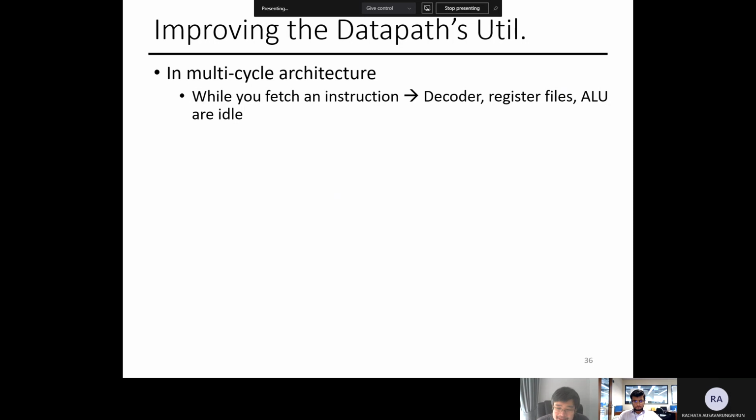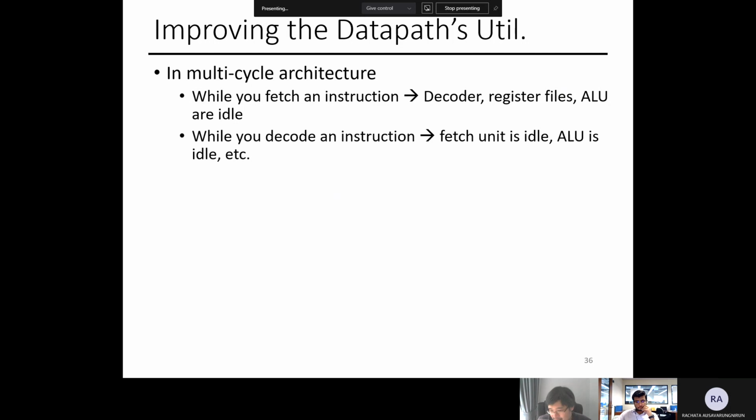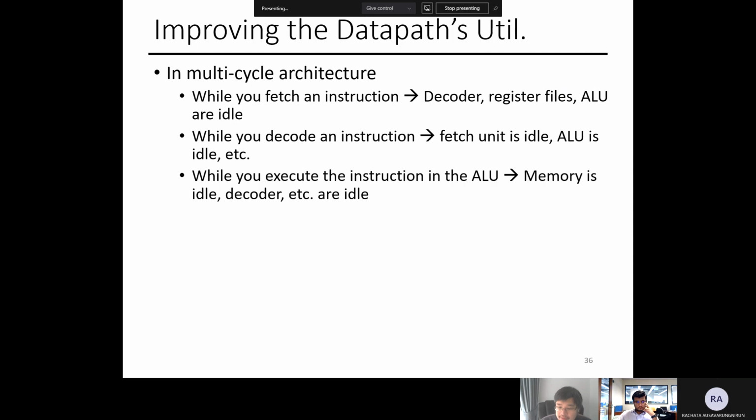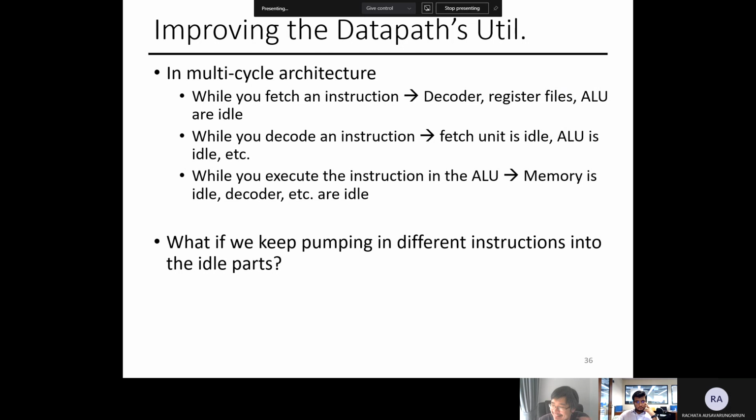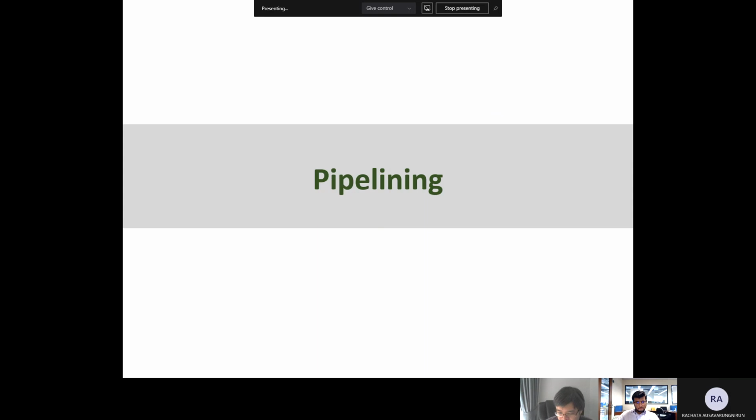When you decode, the fetch unit is idle, the ALU is idle, nothing is on except the decoder. The same thing happens to the ALU. So what if we keep pumping in the next instruction? Let's say you finish the fetch. That instruction goes into the decode phase. The fetch is empty. So what do we do? Hey, you have nothing to do, so let's process the next instruction. This is called pipelining.